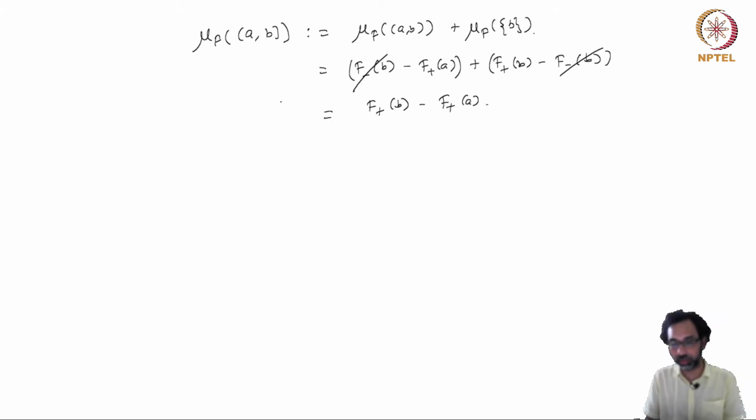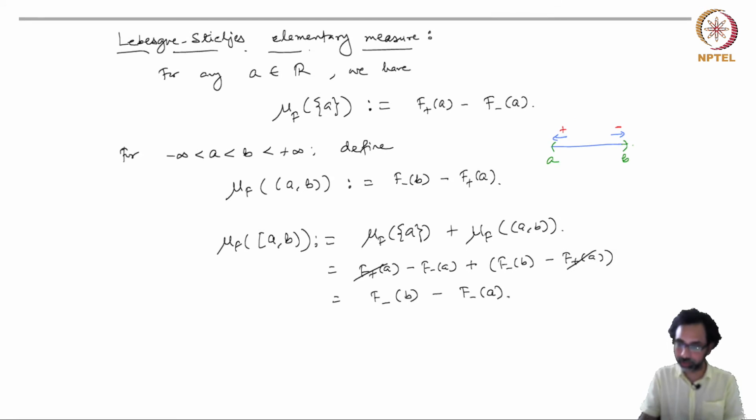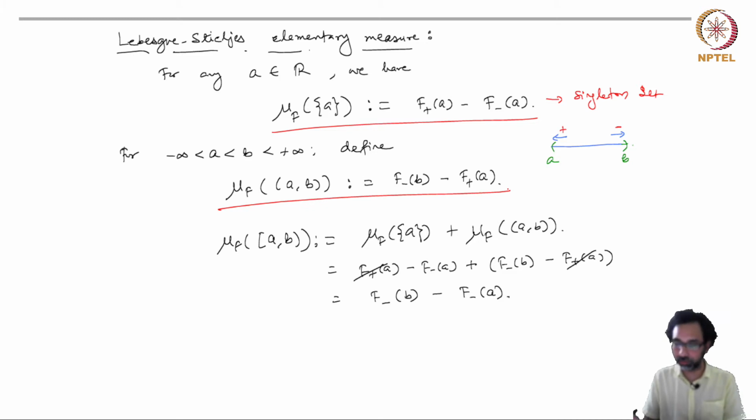So one can simply try to memorize these formulas, but it's better to just memorize two cases. First is the formula for the singleton set, and second is the open interval, where the idea is that if you have an open interval, you approach from within the interval.